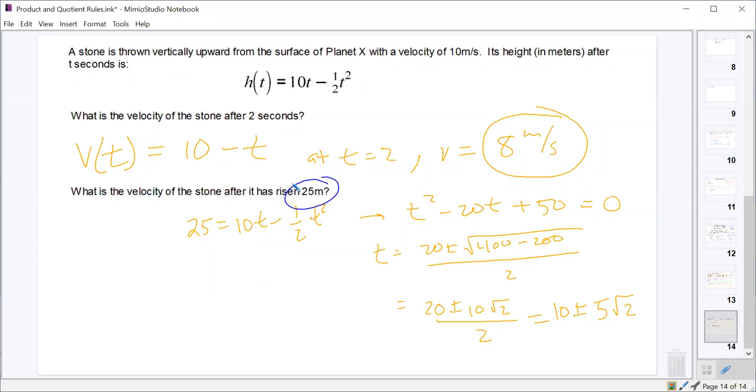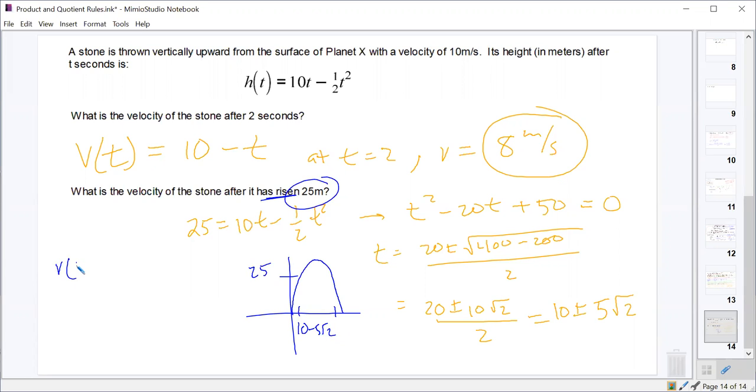Which one is it hitting 25 meters on the way up, right after it has risen 25 meters? The smaller time, because we're throwing this thing up into the air and it's coming back down. It's parabolic shaped, so it's going to hit this height of 25 at 2 different places. On the way up, it ought to be 10 minus 5 root 2.